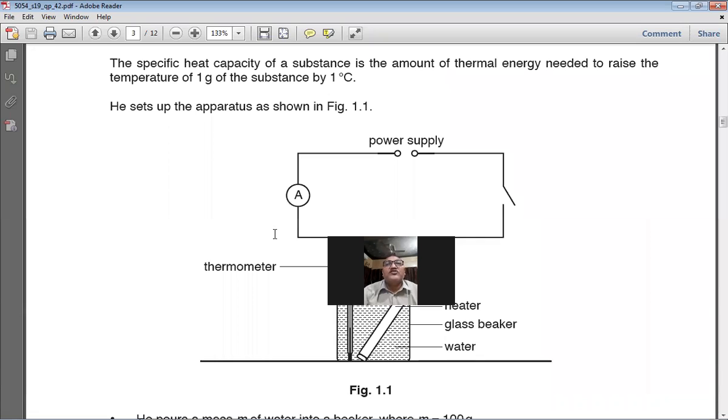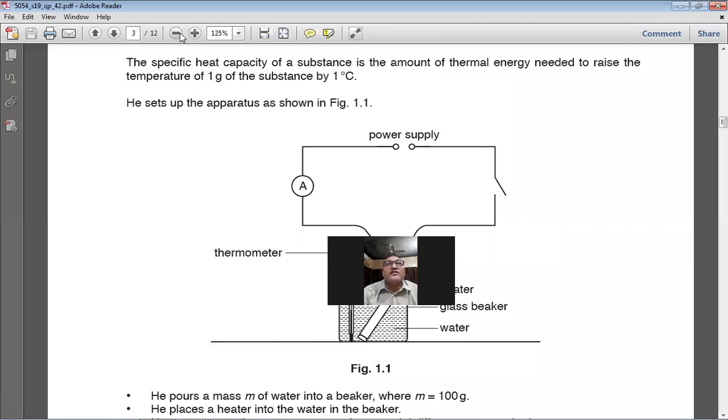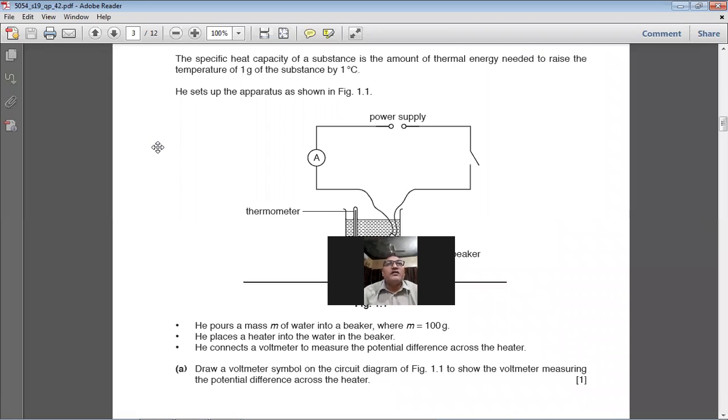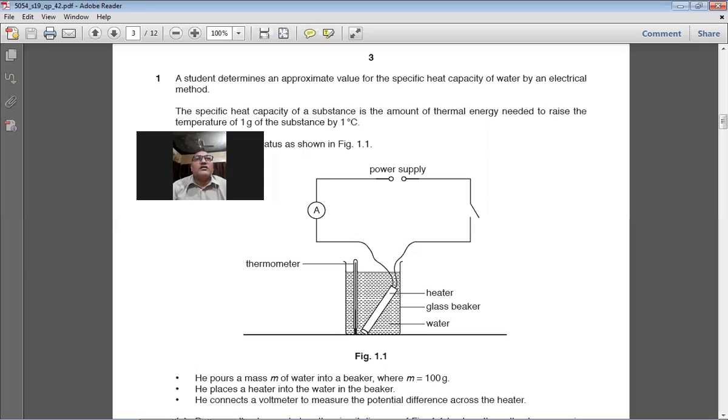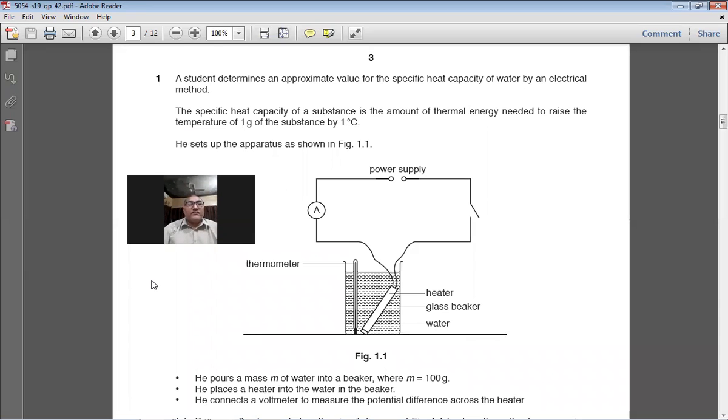So the first question coming up on your screen is, a student determines an approximate value for the specific heat capacity of water by an electric method.